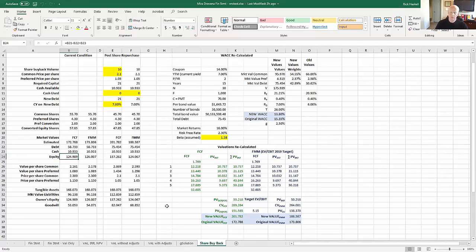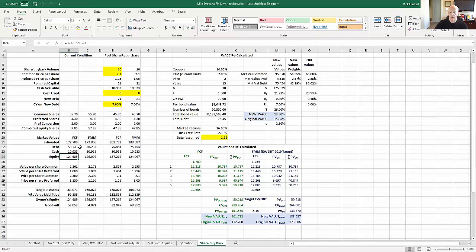Well, let's think about how we've done that, of course. We're using the enterprise value equation, market cap of common plus market cap of preferred plus market value of debt minus cash. And I'm simply re-engineering this such that instead of solving for the estimated enterprise value, I'm now going to solve for the equity value. I know the enterprise value from having estimated it through the model.